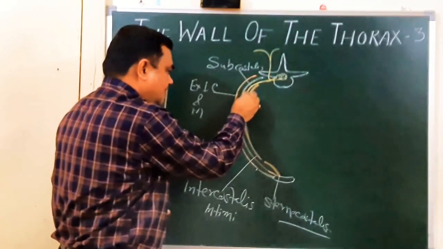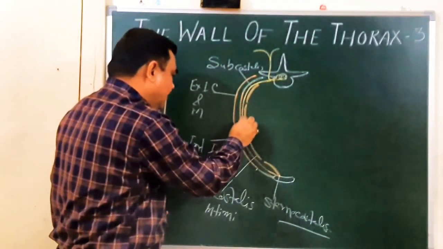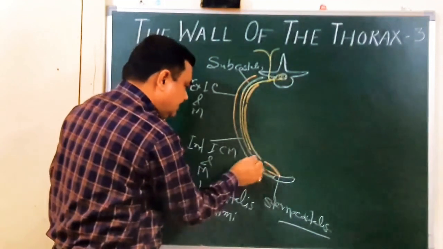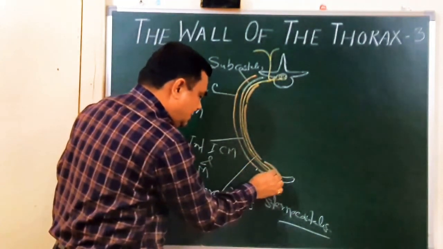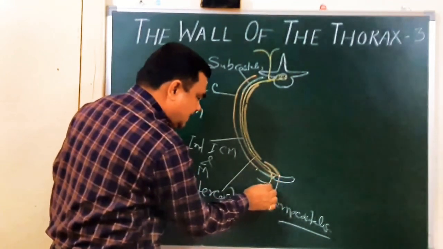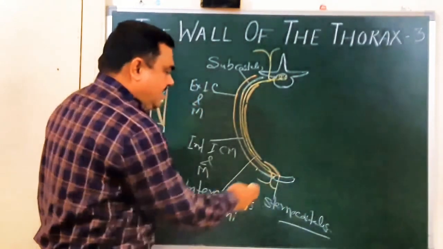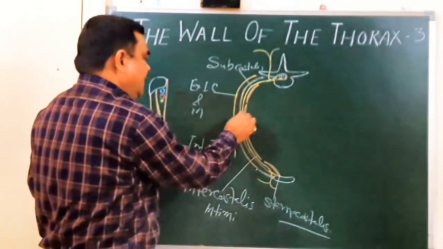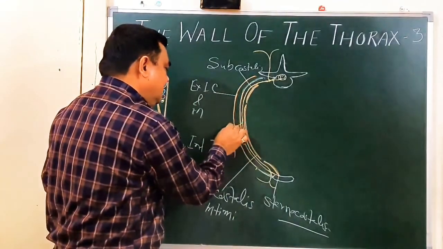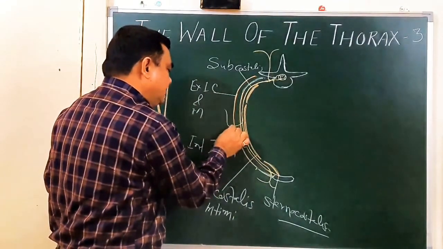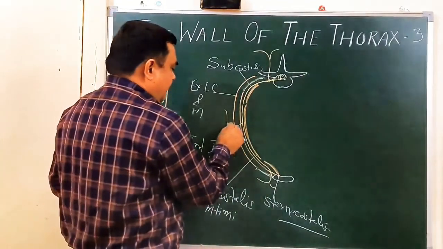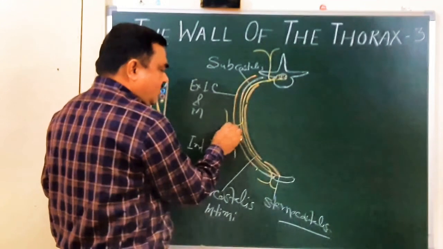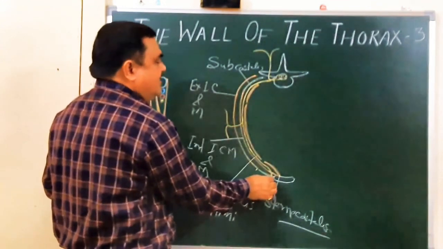This is intercostal nerve. It extends up to here, and here it pierces these structures and gives medial and lateral branch. Here it gives lateral cutaneous branch, which again divides into anterior and posterior branches. So this is lateral cutaneous branch, this is anterior cutaneous branch.